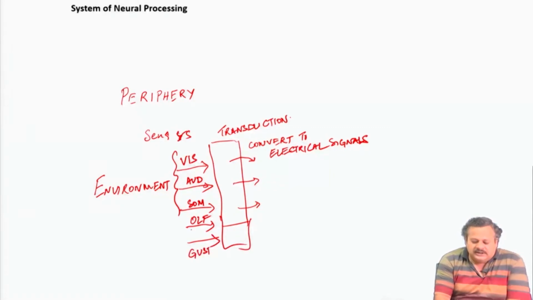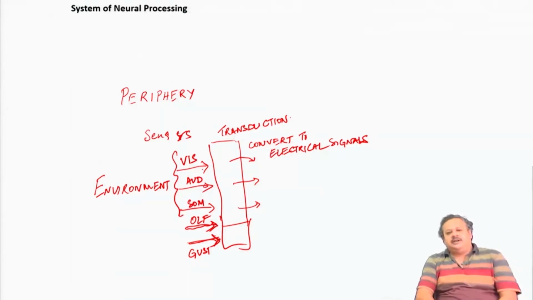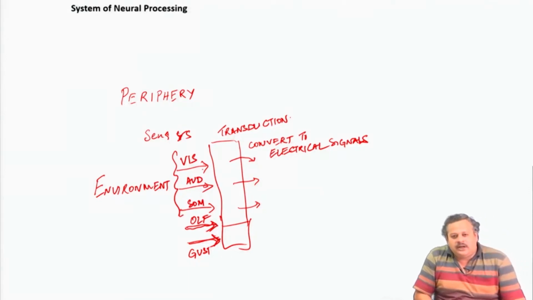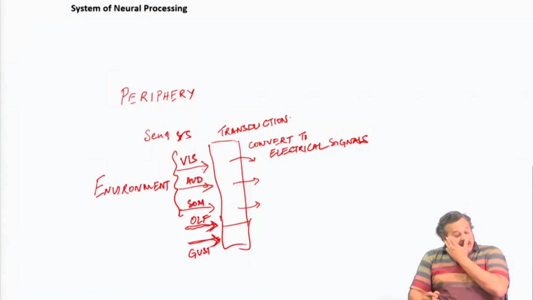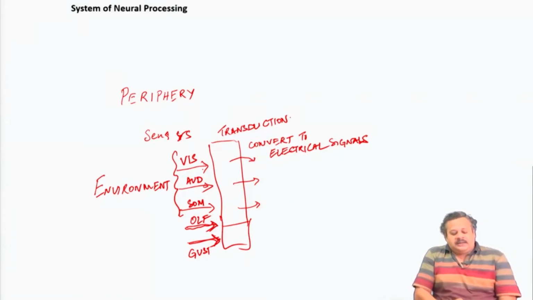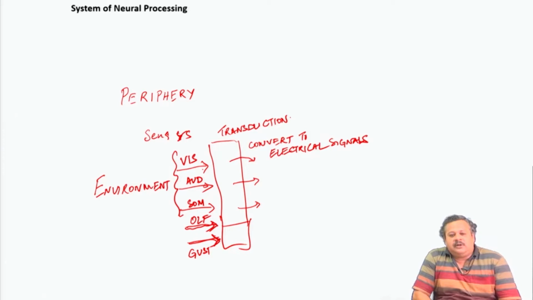So, the sense of smell and the sense of taste, these are very different from these first three systems. That is because the visual, auditory and somatosensory systems are physical systems, in the sense that the stimuli or the external environment has parameterizable forms of stimuli.